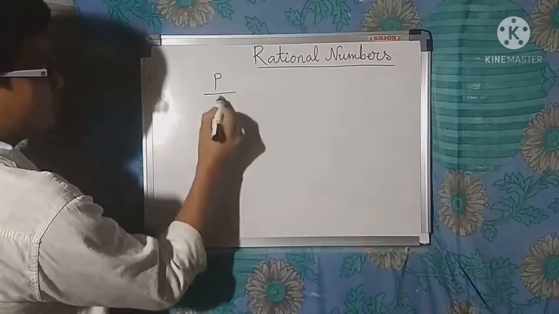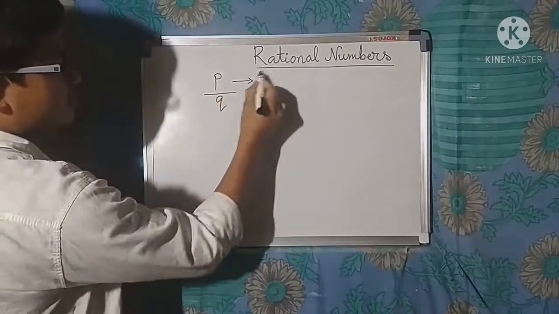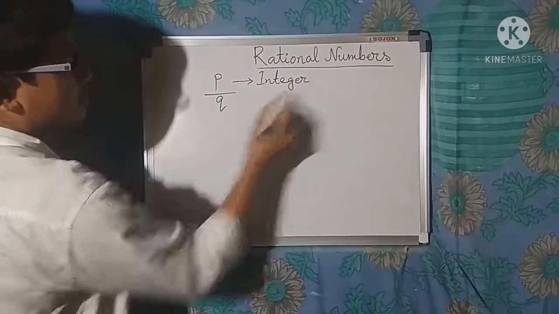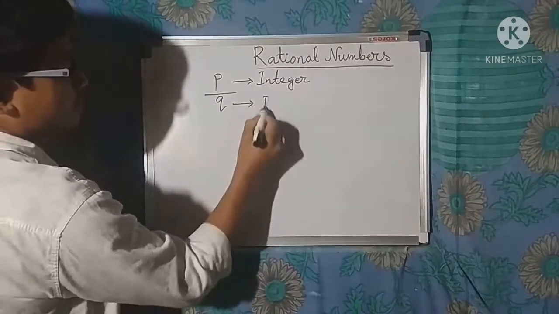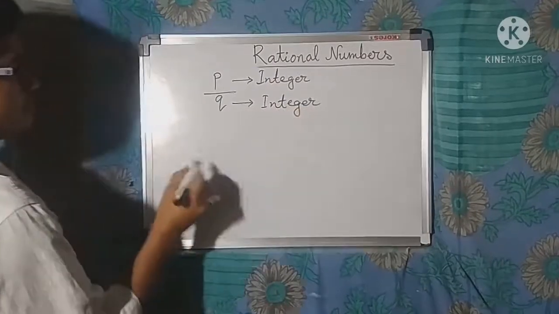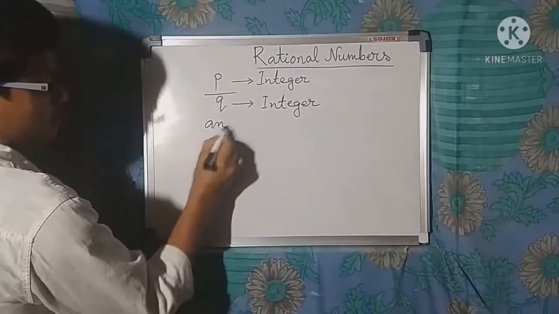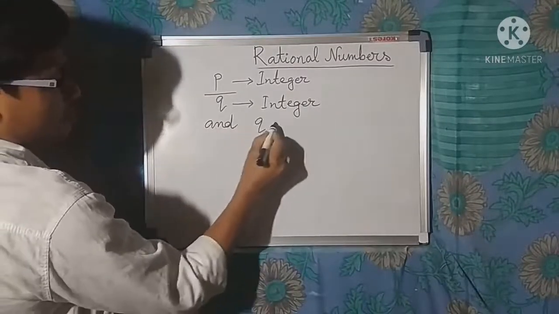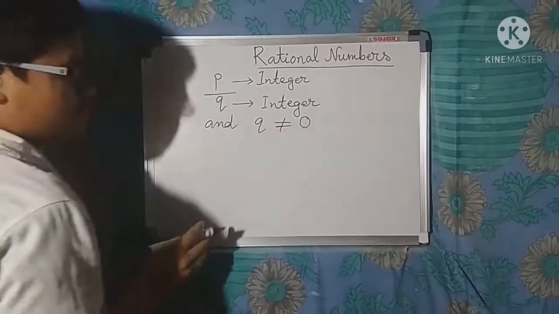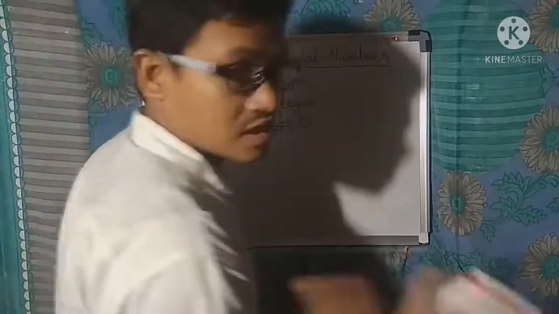P by q, then p is an integer, and q not equal to 0. So integers, what are integers? I have already told you.